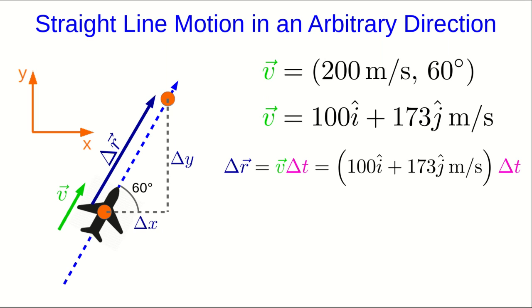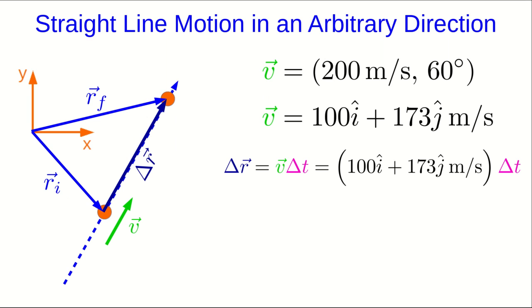Now we're almost done, but what we want is not really displacements. What we would like is to be able to write down the position of the plane at any time. So let's think about the relationship between the positions and the displacement. The triangle shows you, since Ri and delta r are head to tail with each other and point to the same place as Rf, that Rf must just be the vector sum of Ri and delta r.